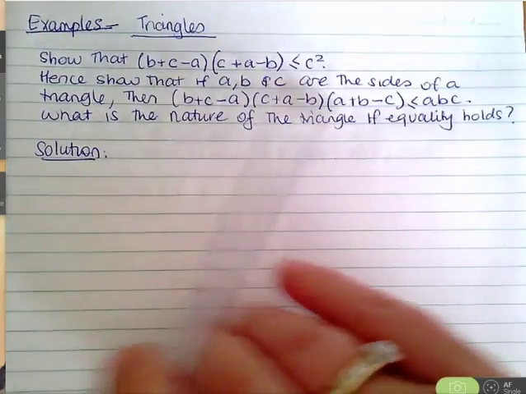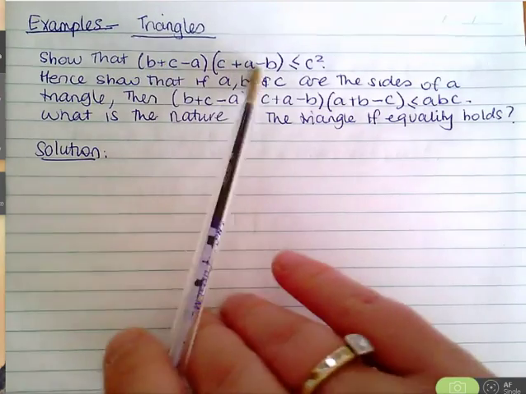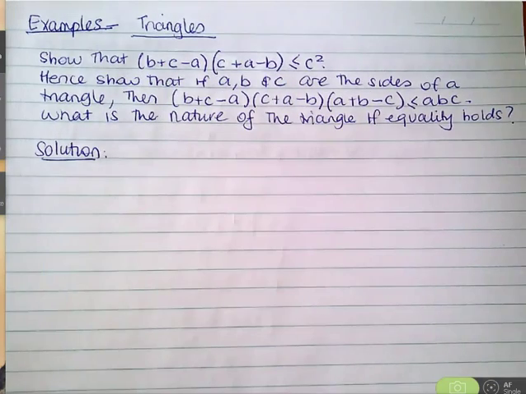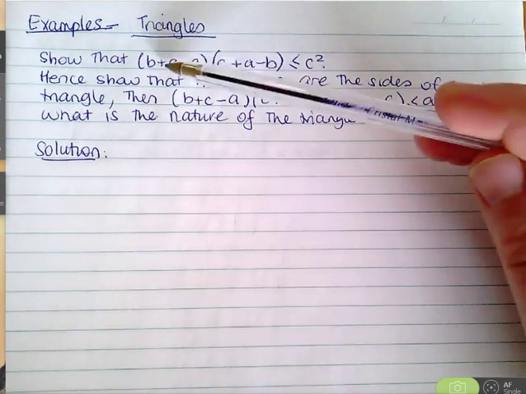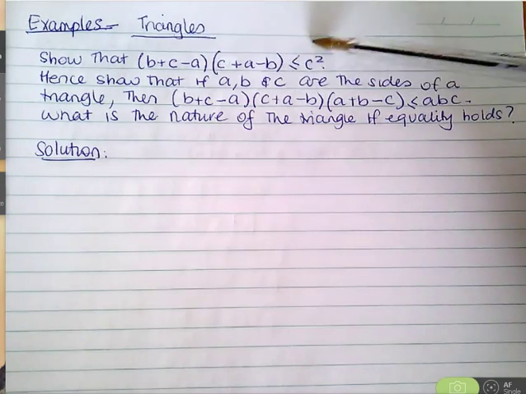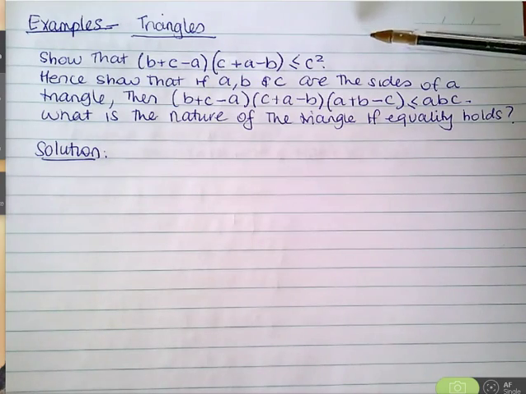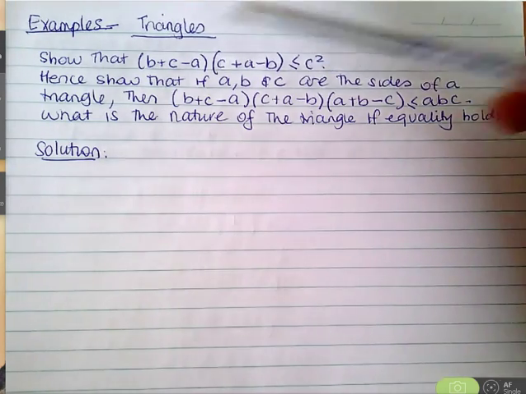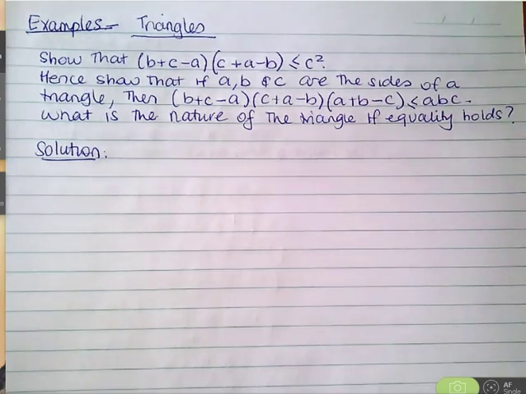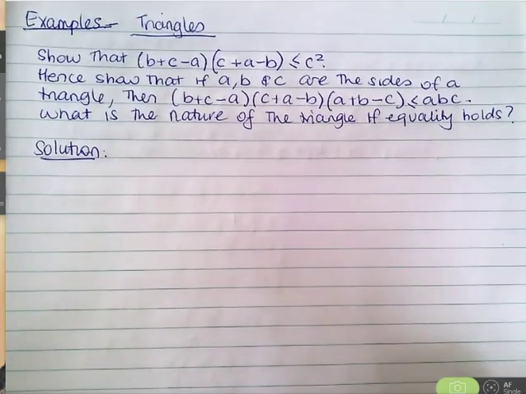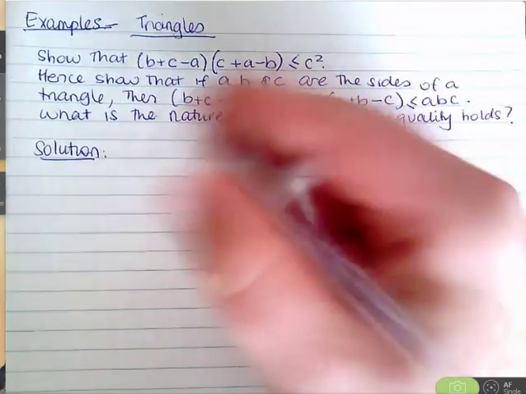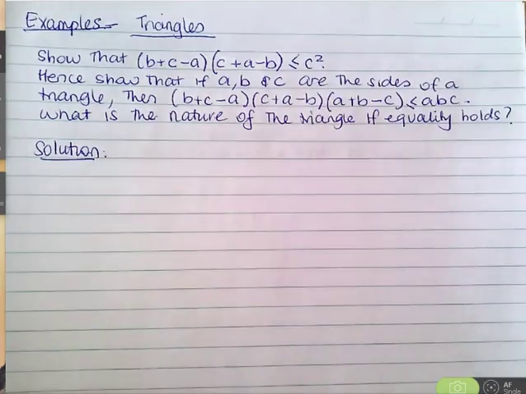Now, to show that the left-hand side is less than or equal to the right-hand side, we mentioned this in the first video. It's easier to do left-hand side minus right-hand side is less than or equal to 0, or you could do right-hand side minus left-hand side is greater than or equal to 0. I think we should do the right-hand side minus the left-hand side is greater than or equal to 0.